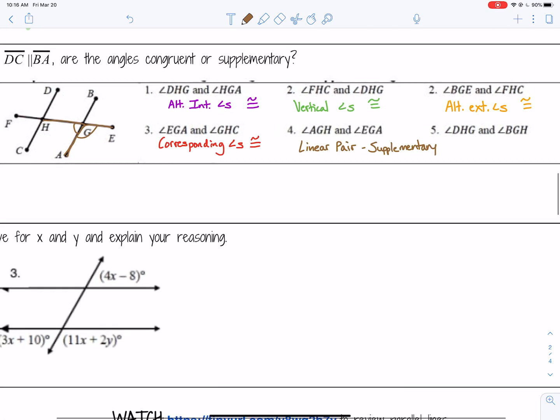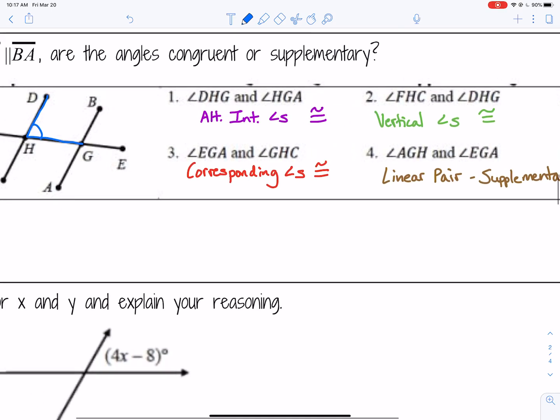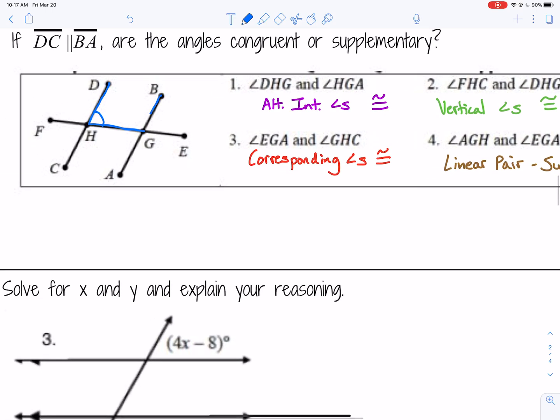Okay, and the last one is DHG and BGH. So these are on the same side of the transversal and they are right beside each other.